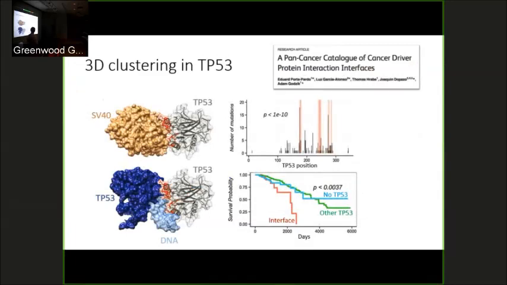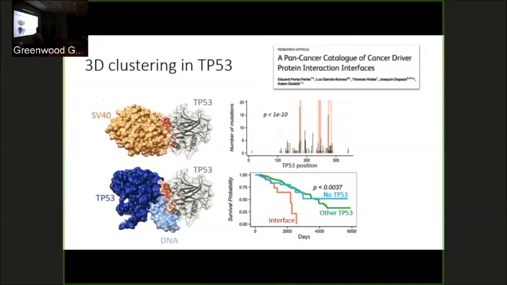And there are other examples of this. This is from another cancer paper looking at TP53. You can look at TP53 interacting with itself, sitting over DNA, or interacting with the protein SV40, which shares the same interaction interface. That interaction interface is highlighted in red in this plot, and this shows in black the number of mutations across the length of the protein.